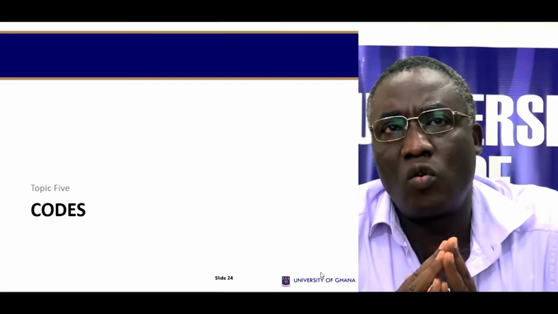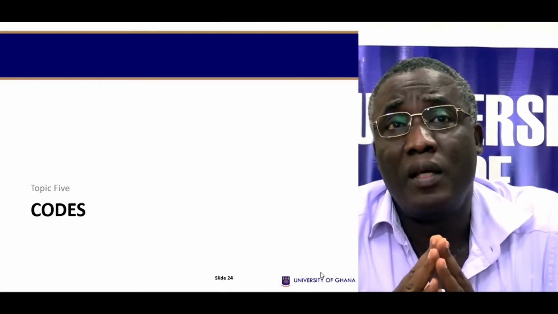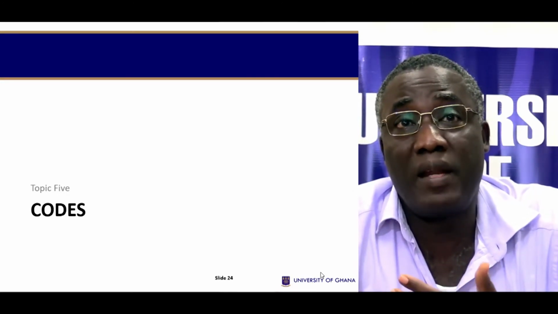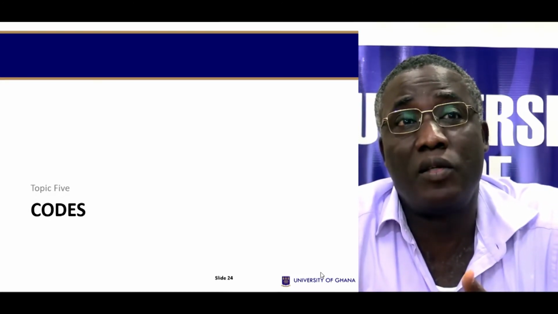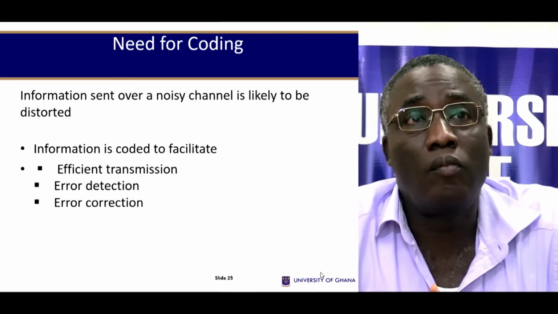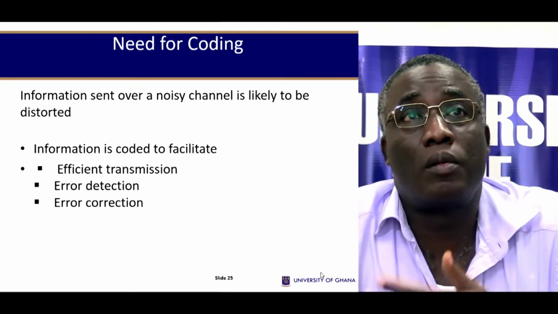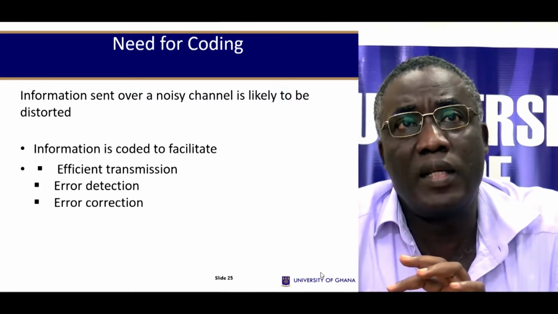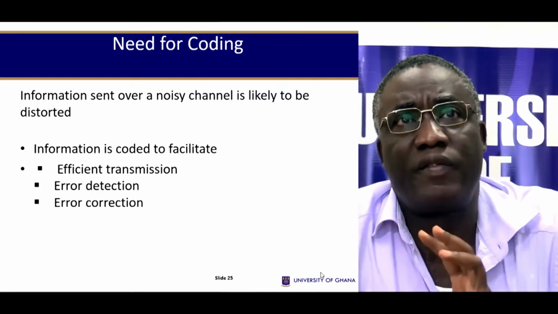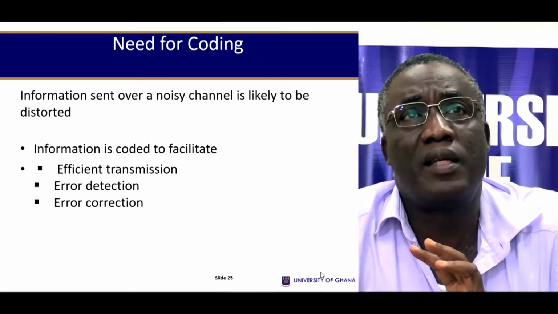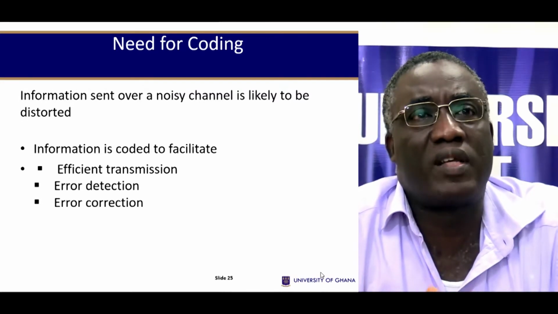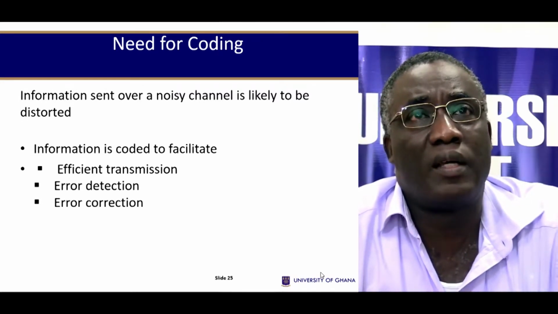So all that we've actually been doing is one form of encoding. For example, when we change from decimal to binary, we're actually coding it. But the key idea is that the coding here is being used in a slightly different sense, in the sense that we need to transmit information from one end to the other.